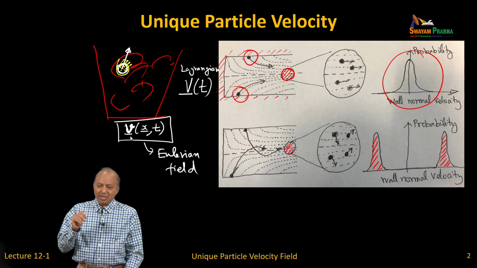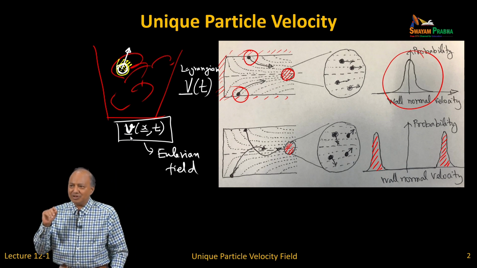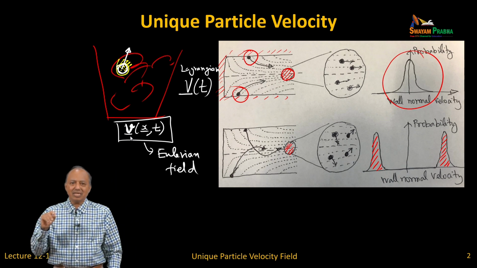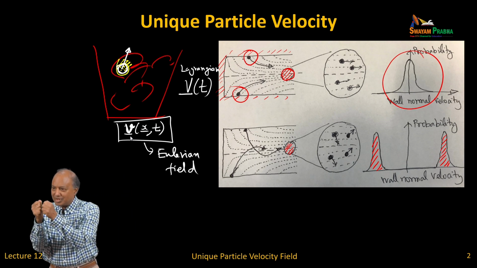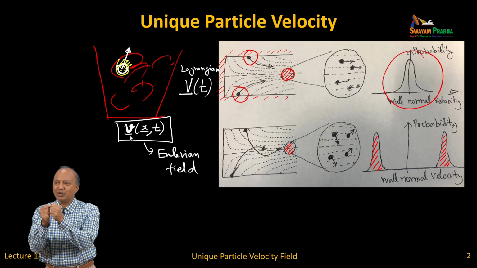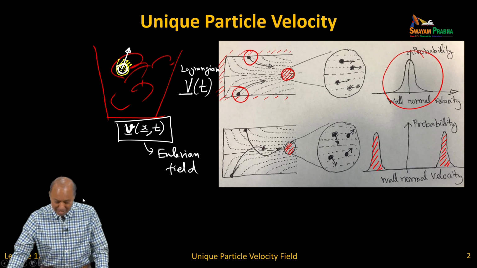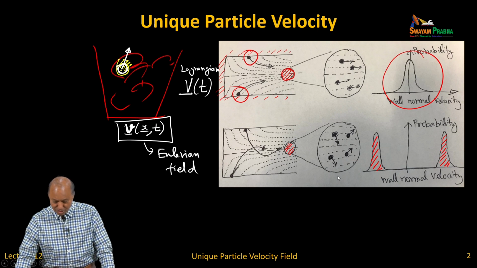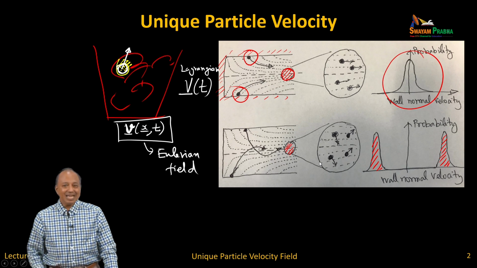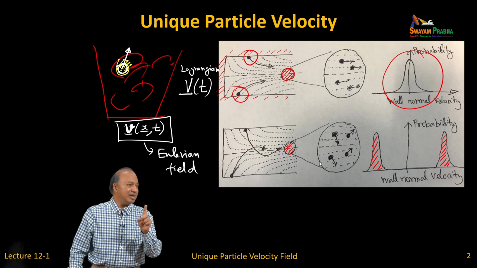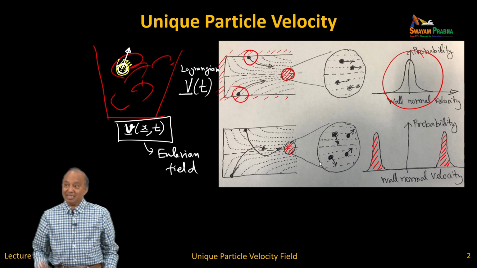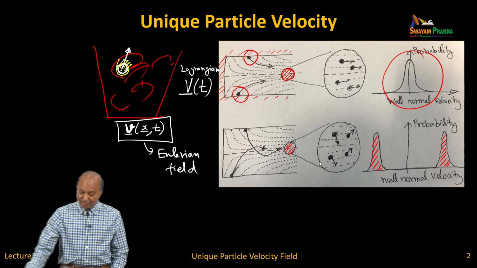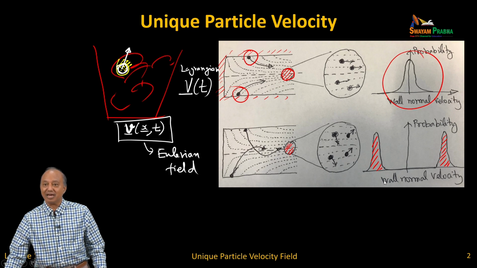Particles may have different velocities because of turbulence or interparticle interactions, collisions, etc. But this difference that you see here is nothing to do with that. It's remembering initial velocity. It's memory. It's not because of turbulence that there were different velocities.